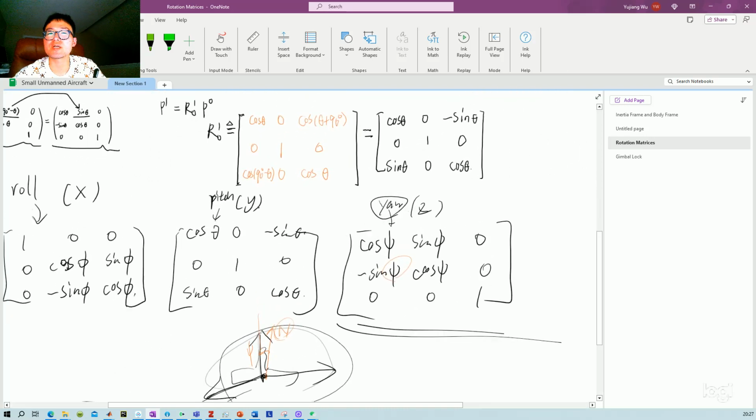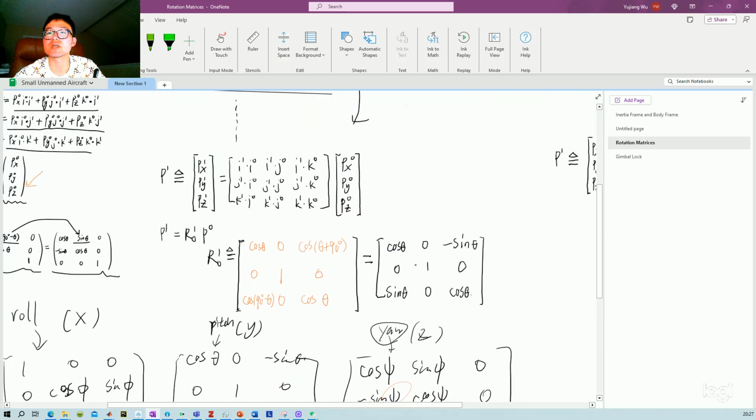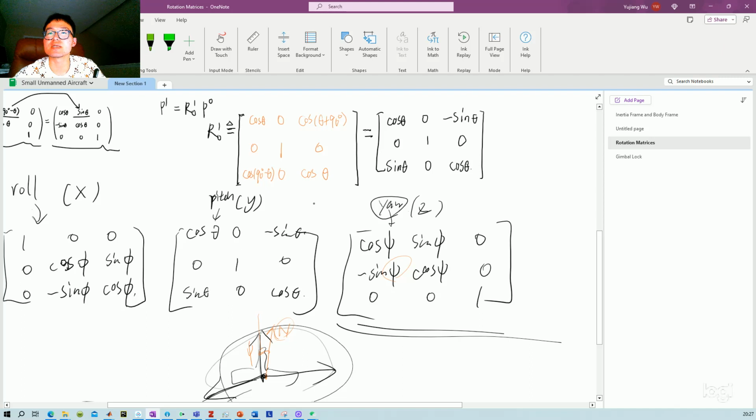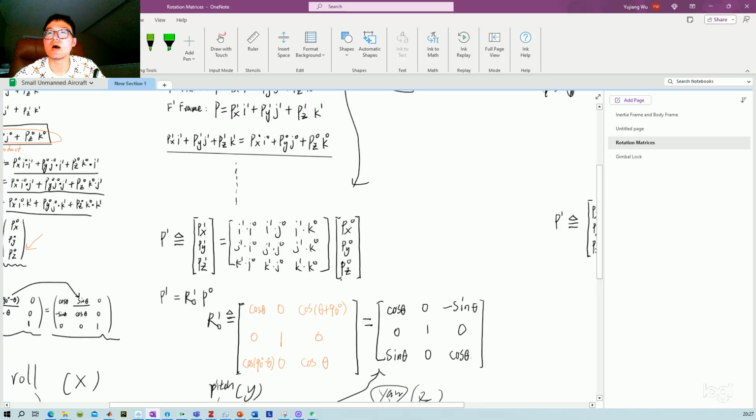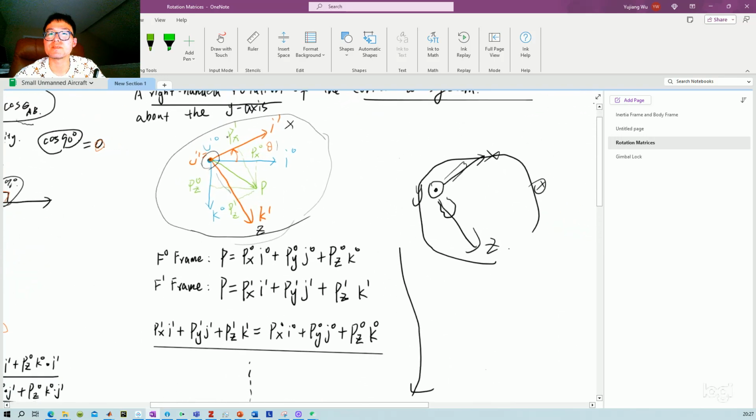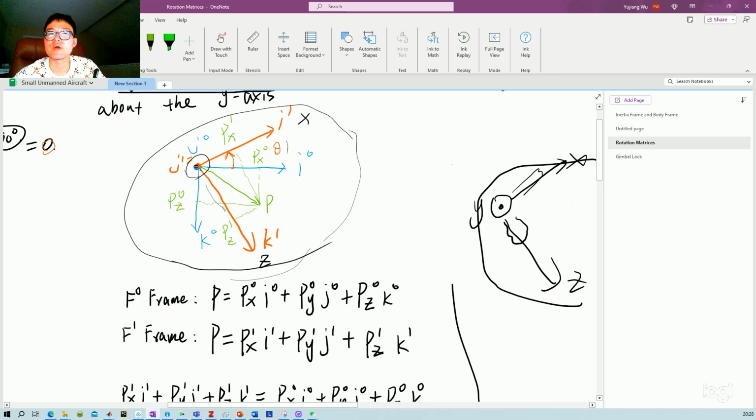Similarly, a 2D rotation against y is exactly matching this derivation here: cosine theta, 0, negative sine theta. Essentially, we have a right-handed rotation from the I0 to I1, and this is rotating against the J, so against the y-axis.